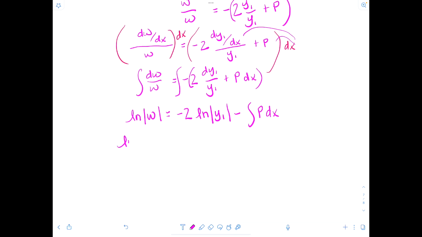So now I can get some stuff together. We'll have natural log absolute w is equal to natural log y1 squared, minus the integral of p dx.